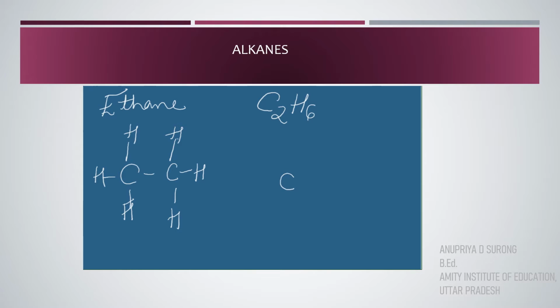So, as we all know, each carbon atom consists of 4 valence electrons. So these are the valence electrons that I am drawing here. Okay. So these 2 valence electrons are shared by these 2 carbon atoms, and the remaining valence electrons are shared with the hydrogen atom, which has 1 valence electron in its outermost shell, to complete its octet configuration.